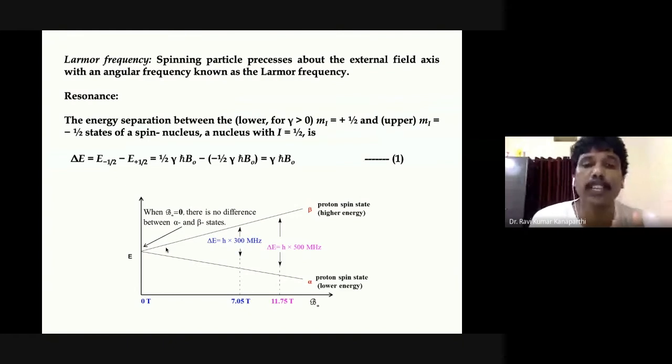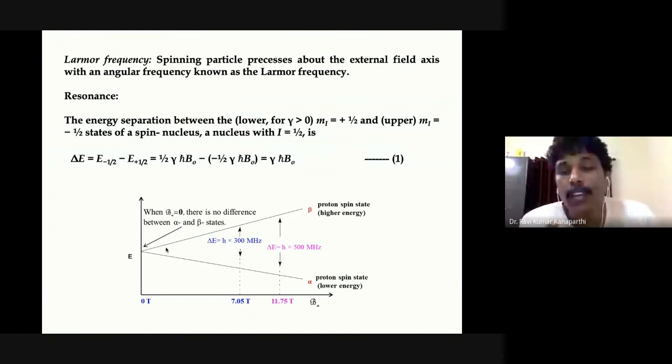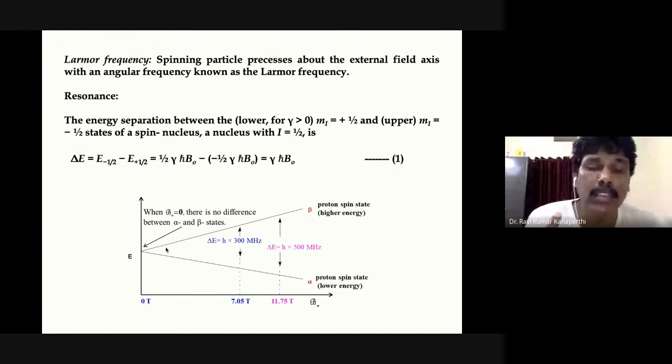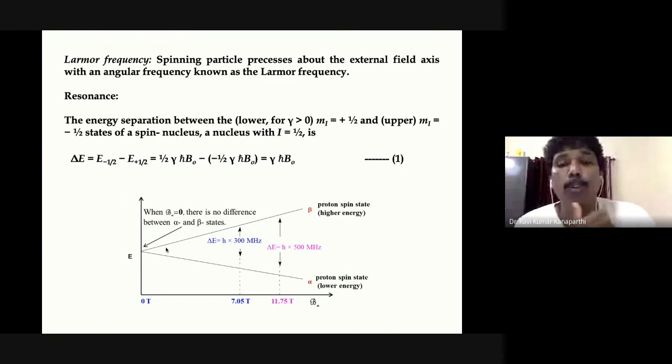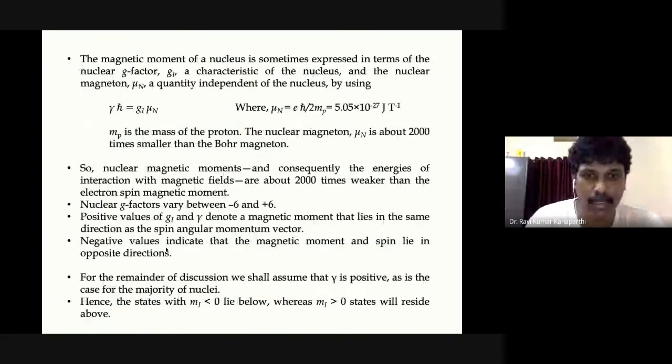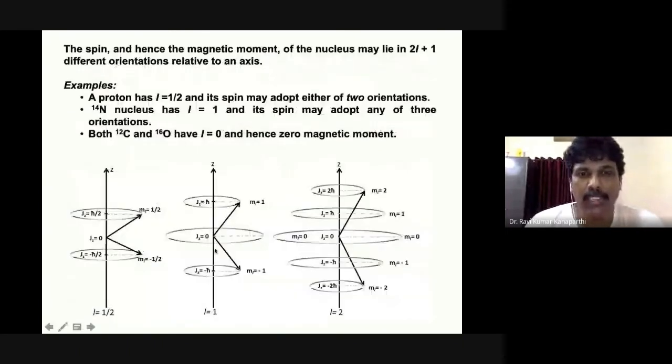On the other hand, suppose you consider a nucleus whose spin quantum number is 1. There can be three possible orientations, which means there can be three different transitions also. Recall the image we have seen here. These are three different orientations.